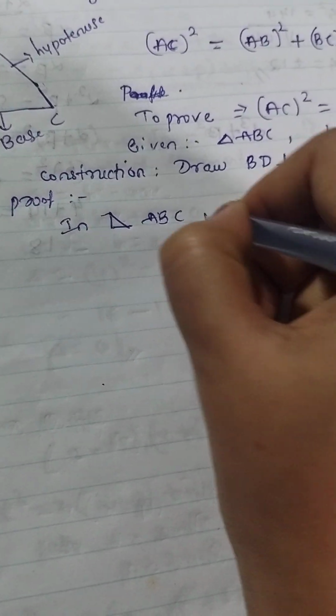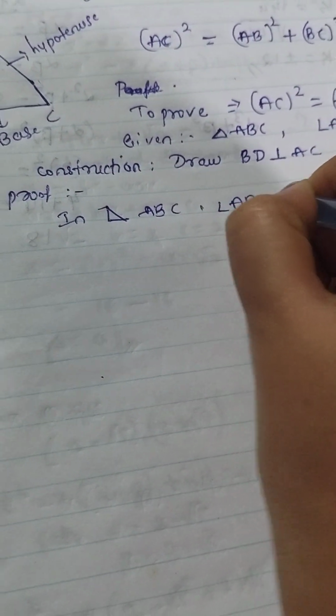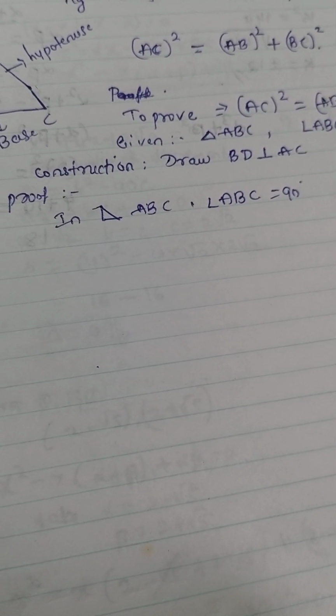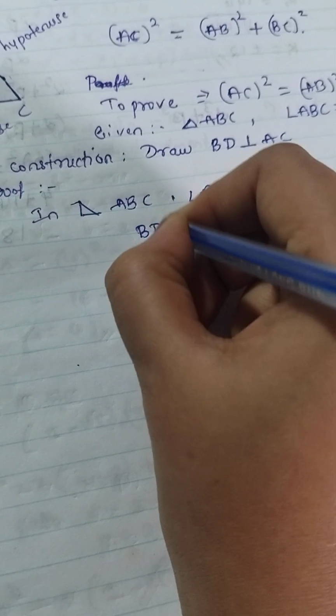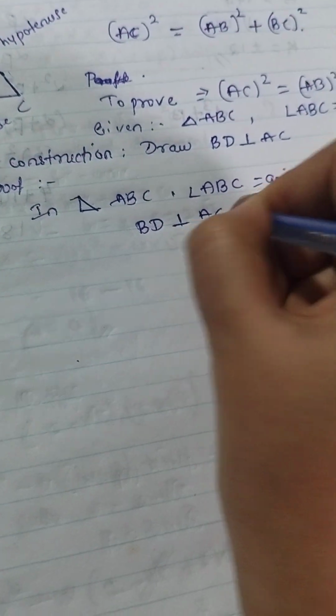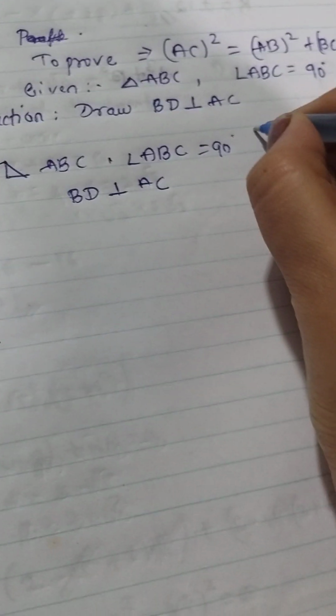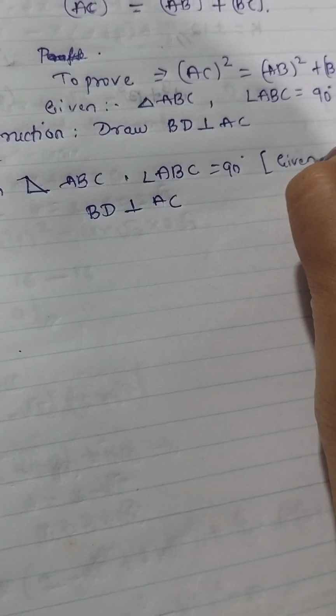Next, proof. We know in right angle triangle ABC, here angle ABC is 90 degrees. Correct. And BD is perpendicular to AC. This is why, because this is given.